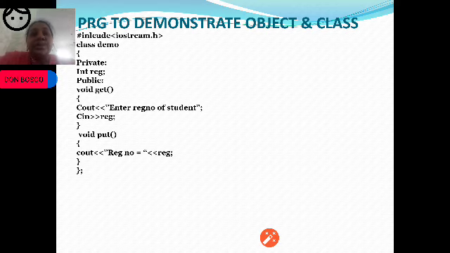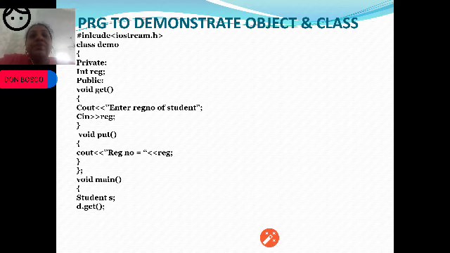In this step we have created a class with the data members and the member function. The next step is to create the object, that is student S. Student is the class name and S is the object created for that class.